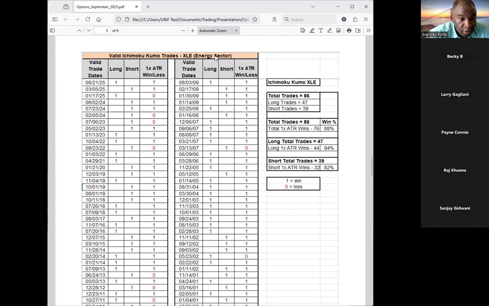They've always been good to me, and they give great results. And the options on the XLE are reasonably priced, so even if you have a smaller account, a mid-size account, you can actually afford to trade XLE. Like I said, some ETFs are really expensive. XLE is that medium-priced ETF that you can afford to actually trade, and you get great results with this type of strategy.